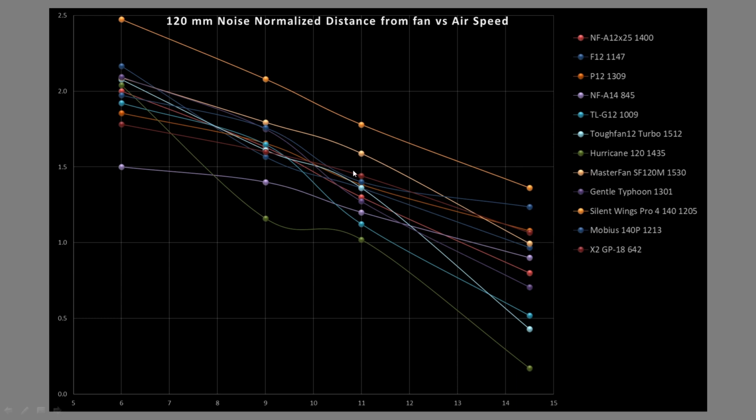Then we have the red line here, which is the X2GP18, and that wins by being a 180mm class fan. So it lacks a little bit at the 6-inch mark, but it's able to maintain a high airspeed by 14.5 inches. So that larger size fan does have advantages at being able to maintain high airspeed across the entirety of a computer case.